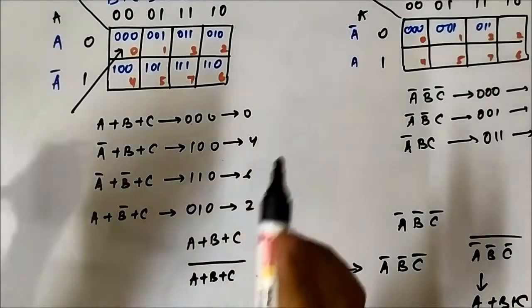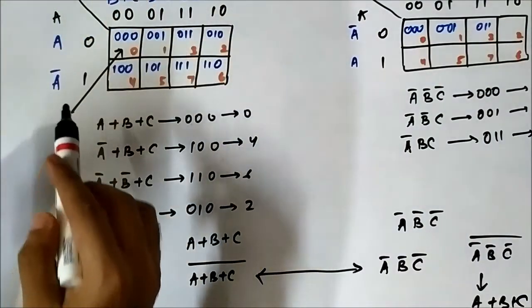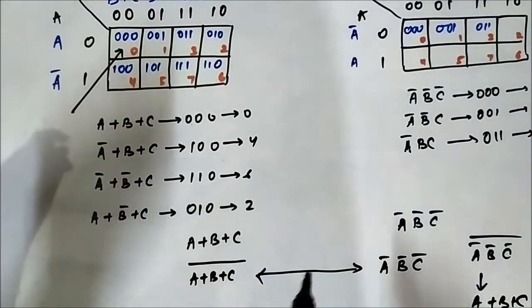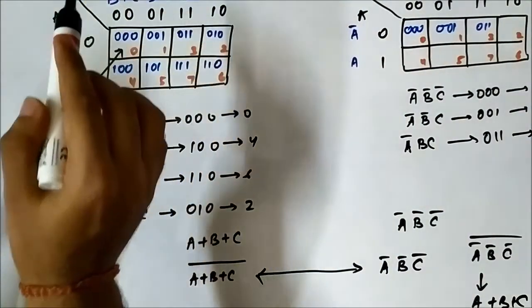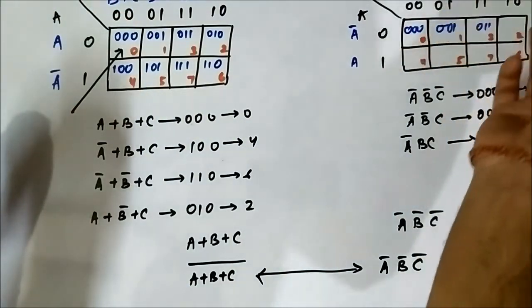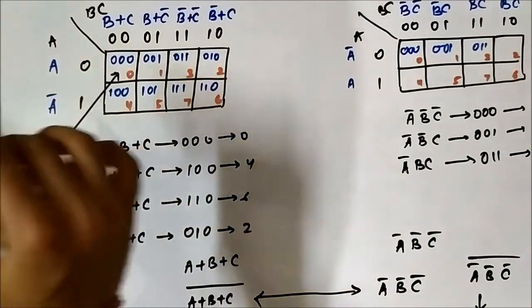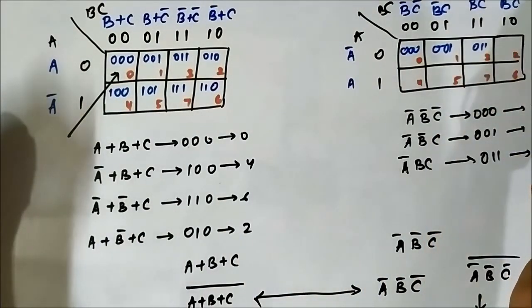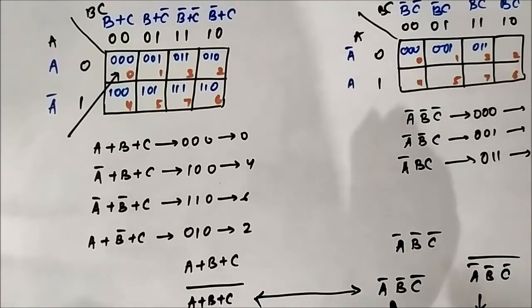So for each cell, its Boolean representation, whether min term or max term, is the whole complement of the other. For each max term, the whole complement gives the equivalent min term, and each min term's whole complement gives the max term, with a simple application of De Morgan's theorem.